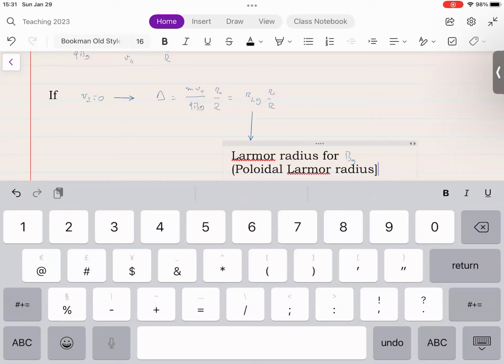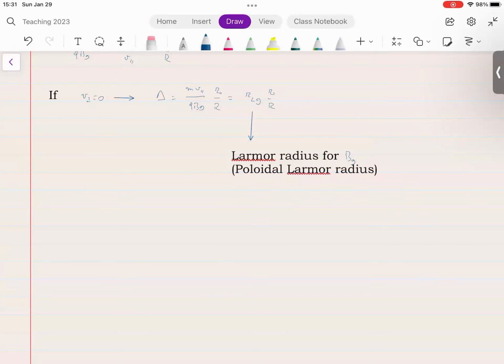And in tokamaks, that's going to be a small quantity, much smaller than the major radius of the tokamak or the minor radius of the tokamak. So in other words, we have concluded that this is indeed a small quantity.